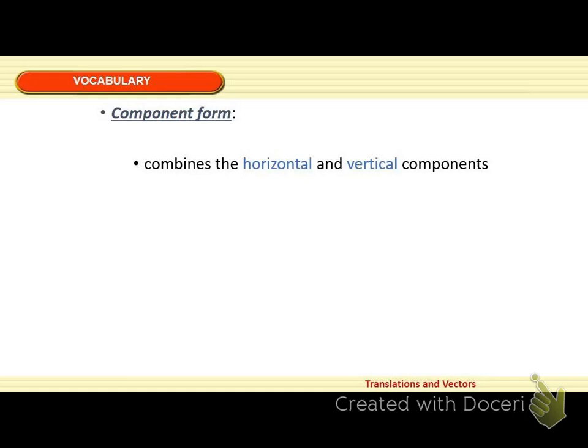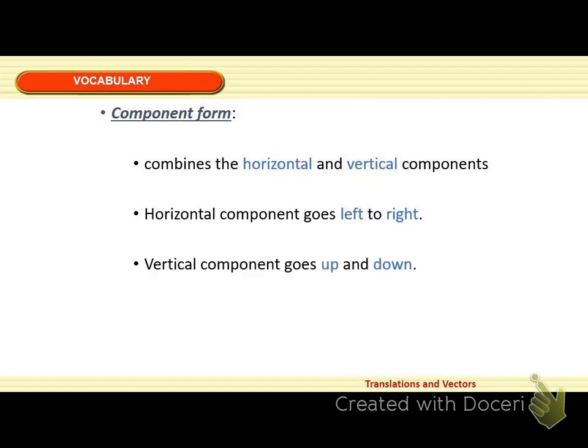Component form breaks those down and just sort of separates out the horizontal and vertical components. Obviously, a horizontal component means how is it going left and right. And then the vertical component is how it's moving up and down.